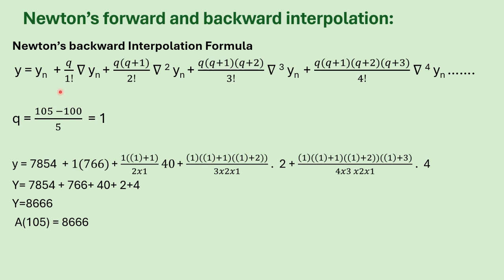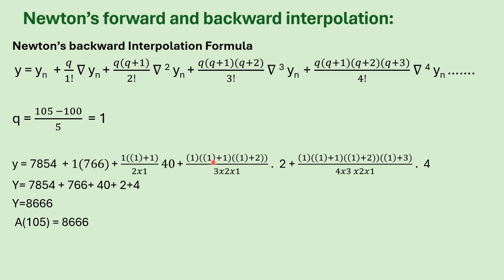On simplifying, we get 1. Now we'll substitute the values. The yn value is 7854 plus q, which is 1, and factorial 1 is 1, and nabla yn is 766, which we have calculated in the table, plus q plus 1, so 1 plus 1 by factorial 2. Factorial 2 is 2 into 1. And nabla square yn is 40.